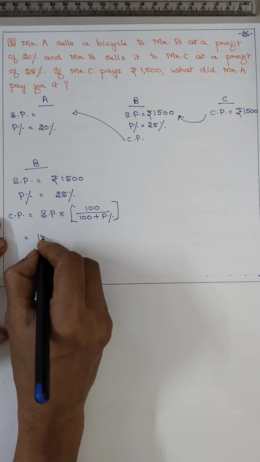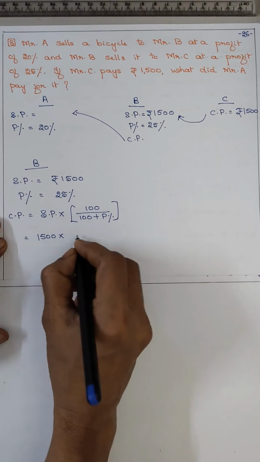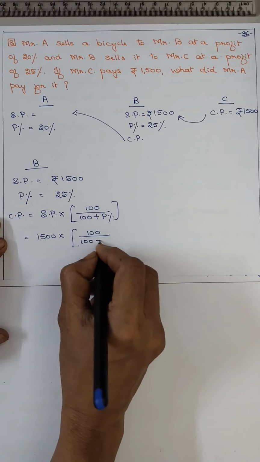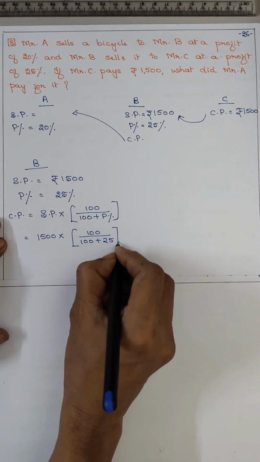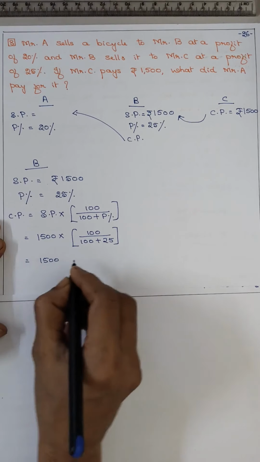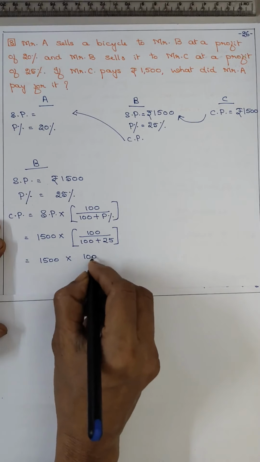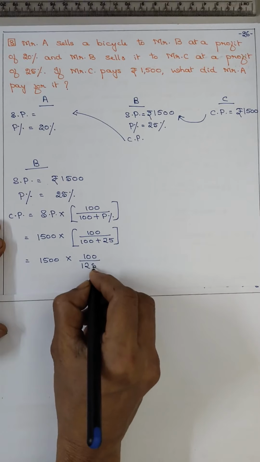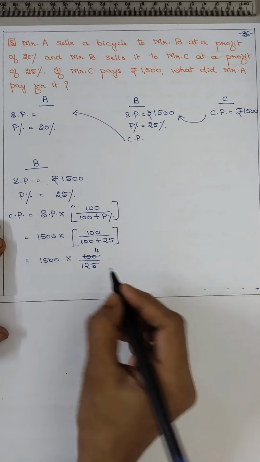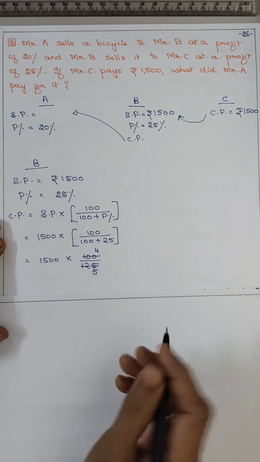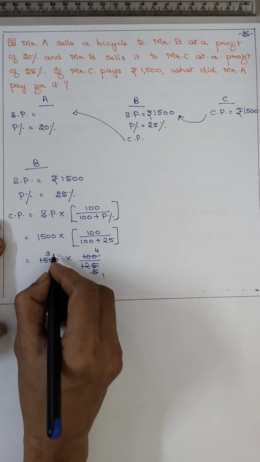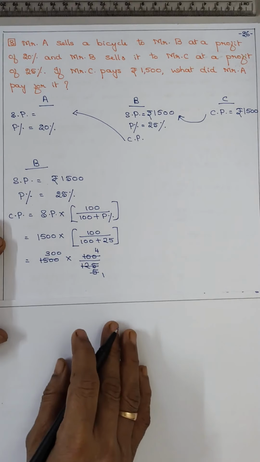that is 1,500 into 100 upon 100 plus 25, that is 1,500 into 100 upon 125. In the table of 25, 4 times 25, 5 times 5, 1 times 5, 3 times, and 2 zeros.